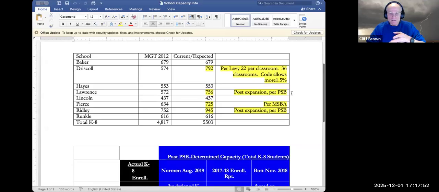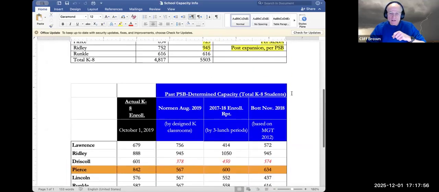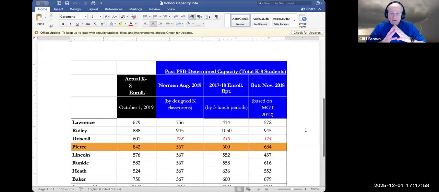And in particular, if you scroll down, you will see a chart that has 3 different sets of numbers. And the one that I referenced up above for Ridley and Lawrence is the one titled Norman, August 2019.